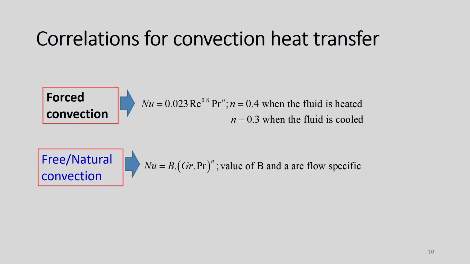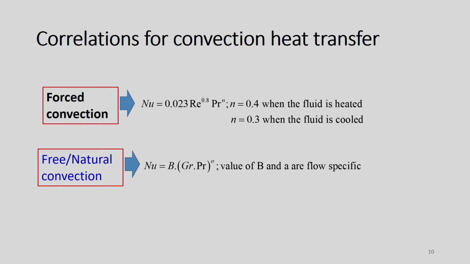There are many correlations to estimate the heat transfer coefficient. These are just representative correlations. This correlation is the Dittus-Boelter correlation, which is valid for forced convection. The Nusselt number is a function of Reynolds number and Prandtl number. So, Nu is equal to 0.023 multiplied by Reynolds number to the power of 0.8, multiplied by Prandtl number to the power of n.